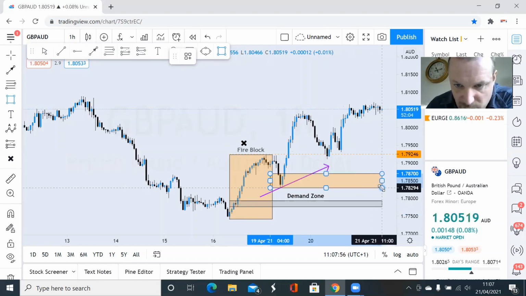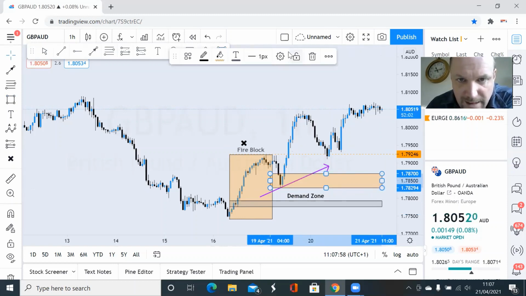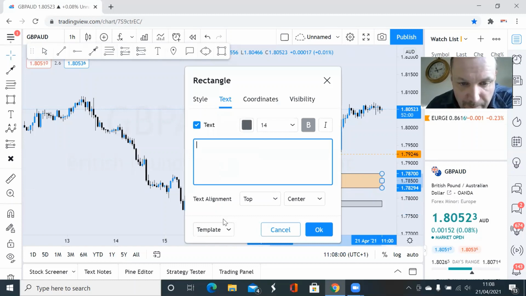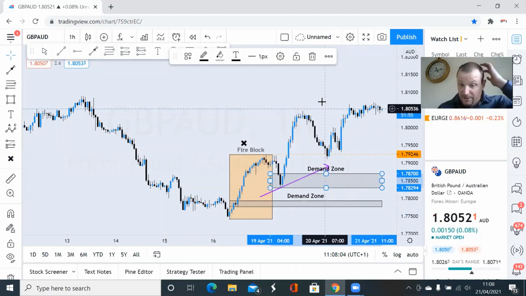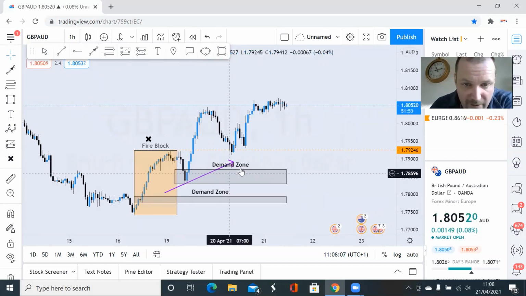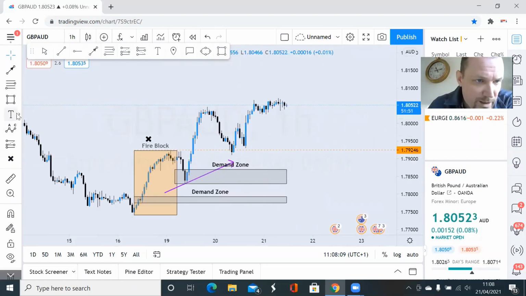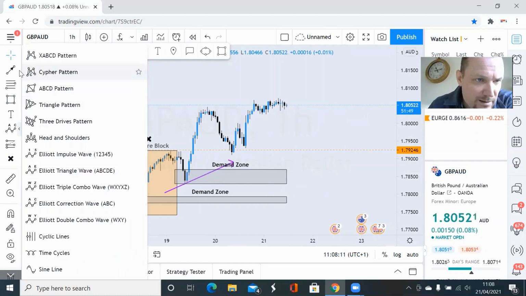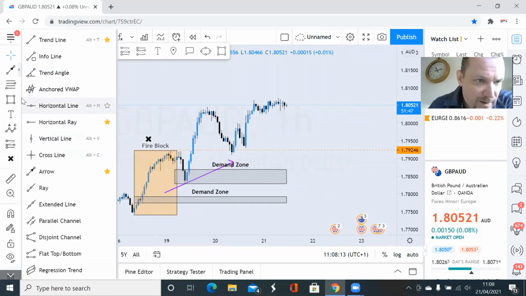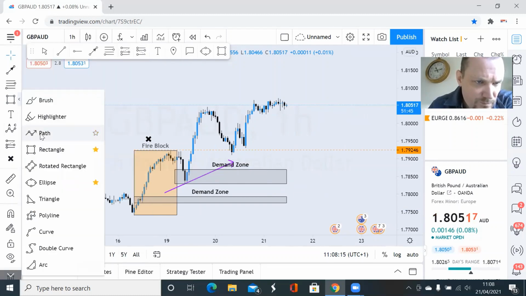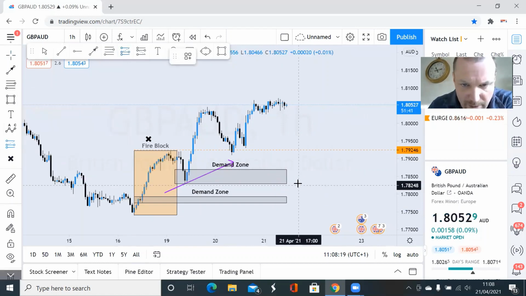So you've got wick to wick. Again, it's a demand zone because it's coming back in to the price. That's a demand zone. So this could be an area of importance where we could be waiting. Let's just get the right one, John. Where you could have a long position.